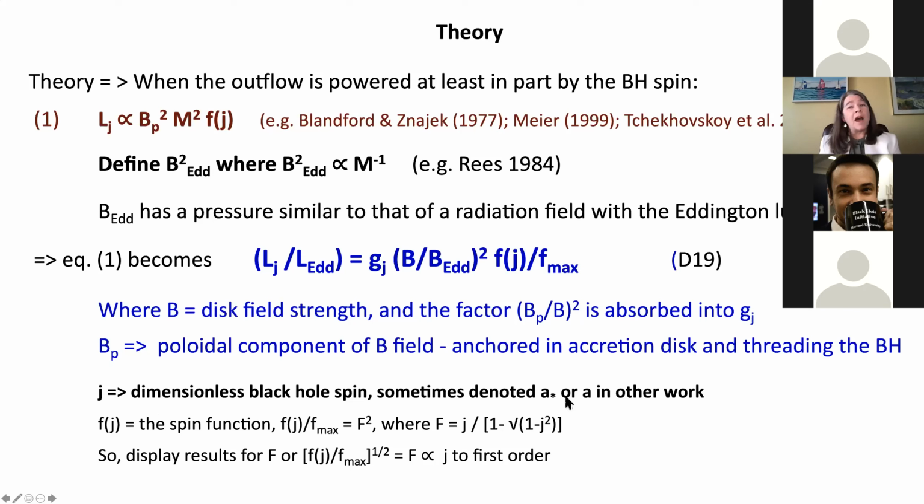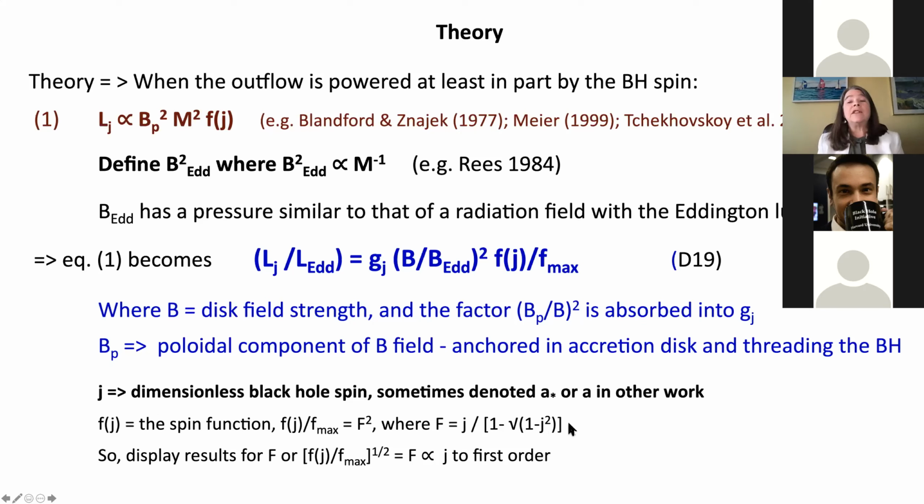But you might be familiar with a star or a as the representation for the dimensionless black hole spin. I use j. And the black hole spin function f of j over f max goes as capital F squared, where capital F is j divided by the square root of j divided by 1 minus the square root of 1 minus j squared.